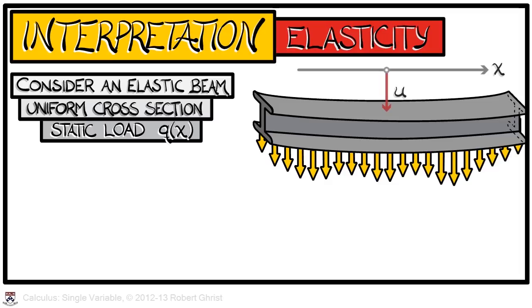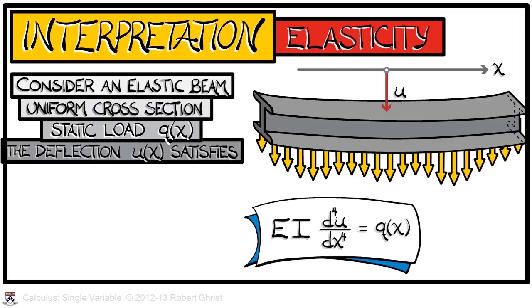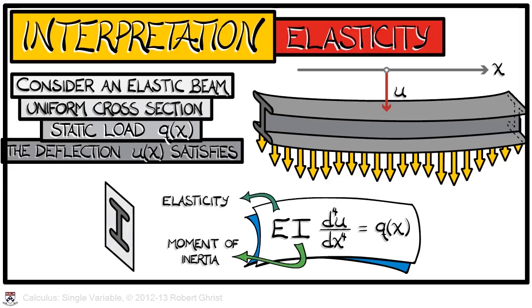What one often wants to know is how much does the beam deflect? This deflection, u, as a function of position, x, satisfies the following equation. The fourth derivative of the deflection is proportional to the load.